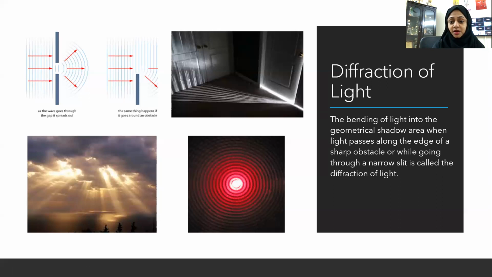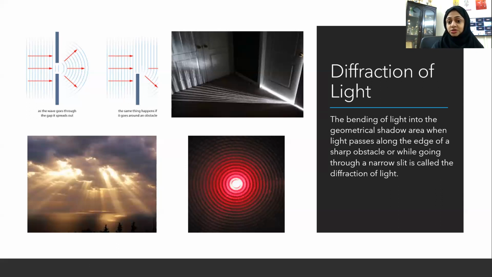And surrounding that, what we can see on the screen is bright and dark fringes. You can see that as we go away from the central brightness, the intensity reduces. So this is a diffraction pattern which we can see in the lab.